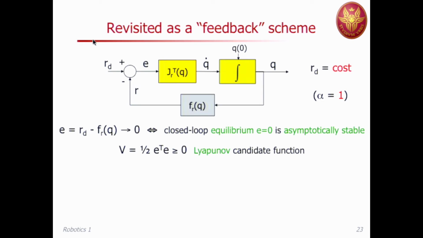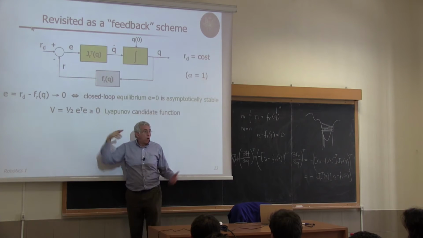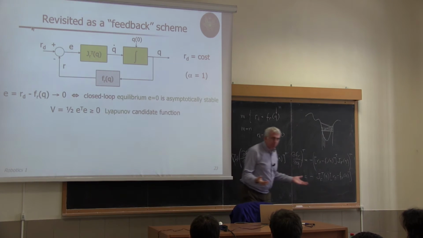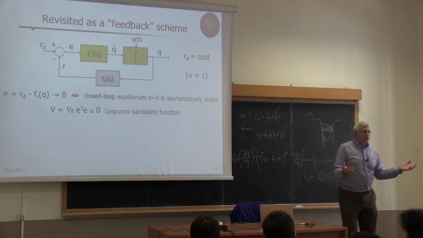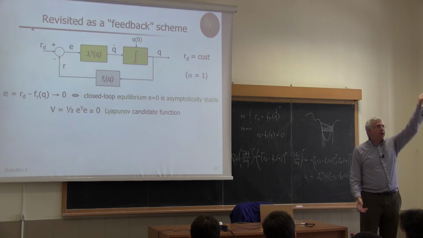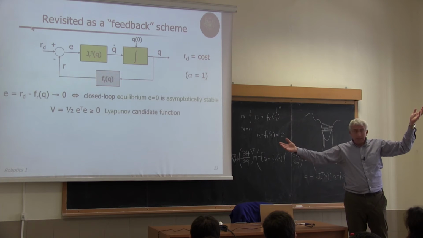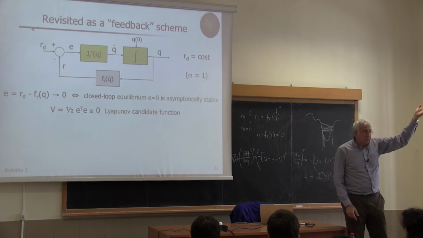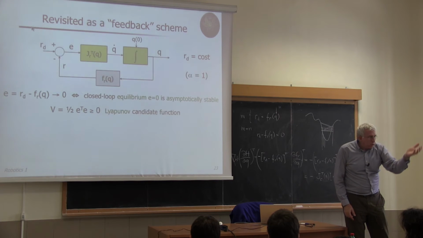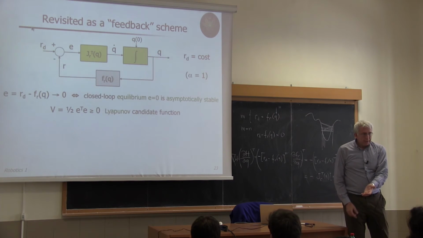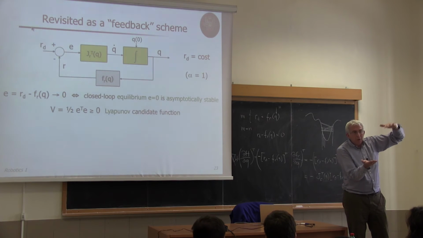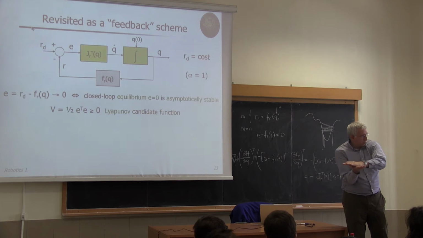And this is a function which is always positive and 0 only when we are in the solution. Okay? Now, if we are able to prove that this function, no matter where we start with q, so where this function will be different from 0, positive, can only decrease, then, since it's lower bounded by 0 at the solution, it only decreases, so it will converge to E equals 0, which is the solution.